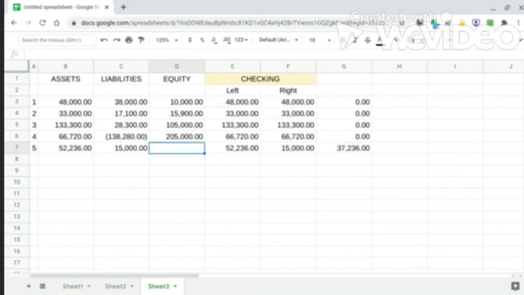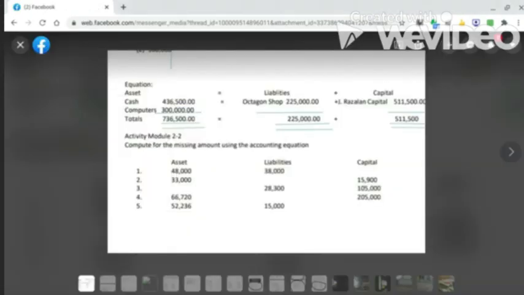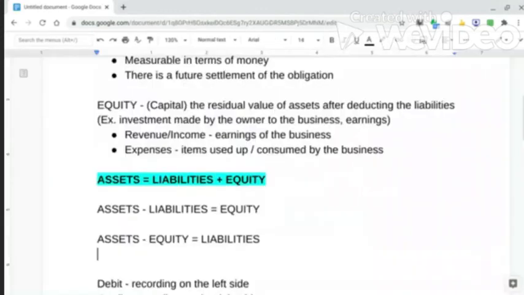So, if you are solving problems like this, ganito lang lagi yung gagawin nyo. Kung ano yung missing amount, aalamin nyo kung sa left or sa right side siya. Tapos, i-fulfill nyo lang yung sa accounting equation, pwede nyo gamitin kahit alin dito sa tatlo. Assets is equal to liabilities plus equity kung asset ang nawawala.